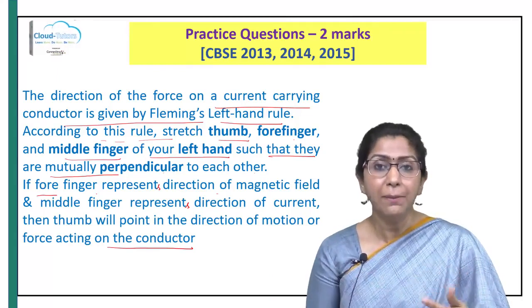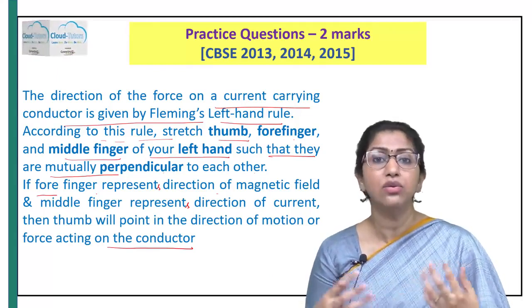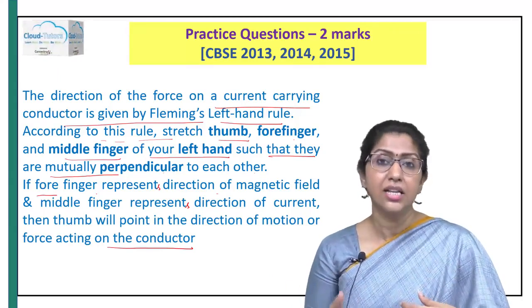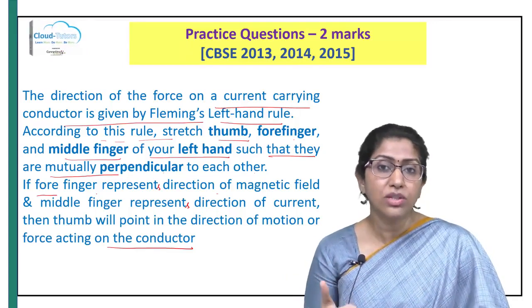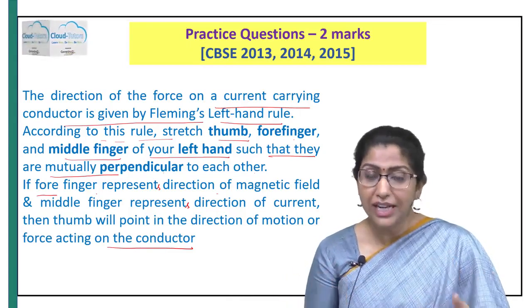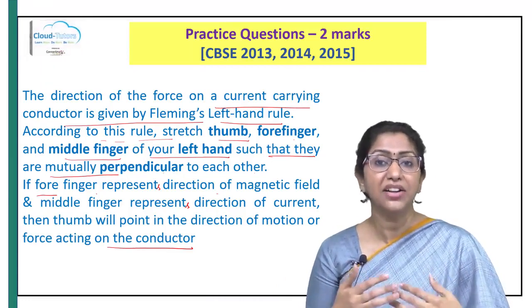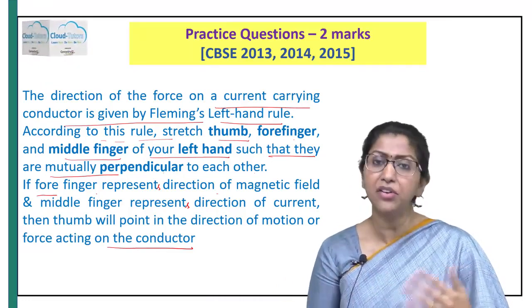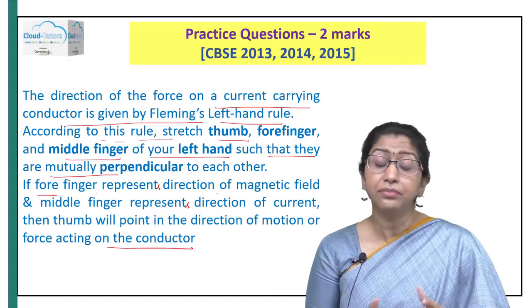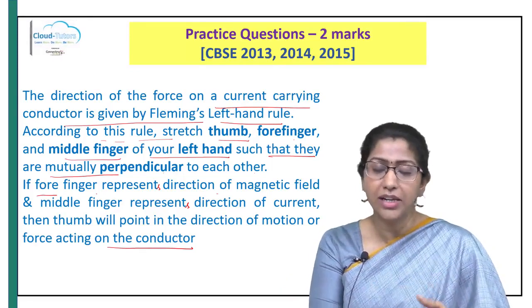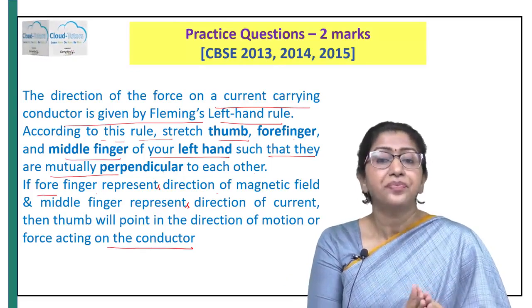It happens due to the interaction of the two magnetic fields. One is the magnetic field induced due to the electromagnet that we have kept in the setup, and the other is the magnetic field of the given permanent magnet, or it could be another permanent magnet. It cannot be another electromagnet, right?